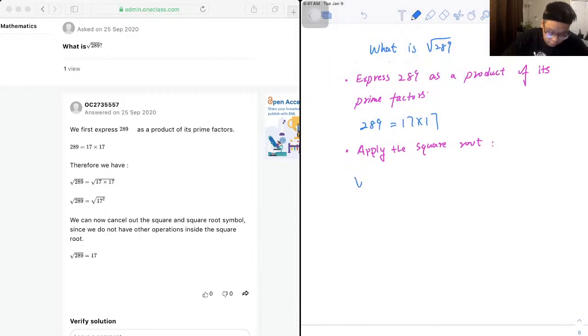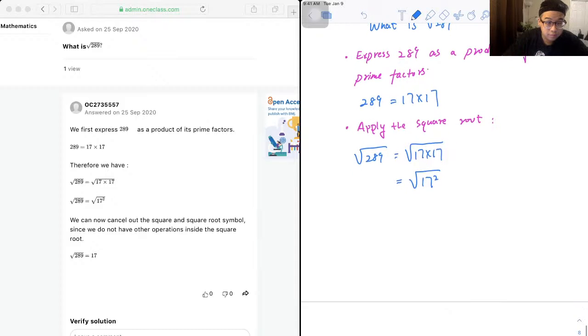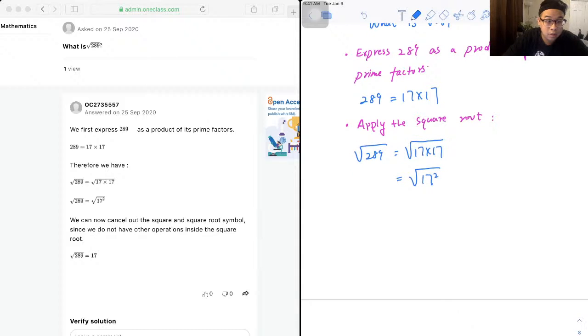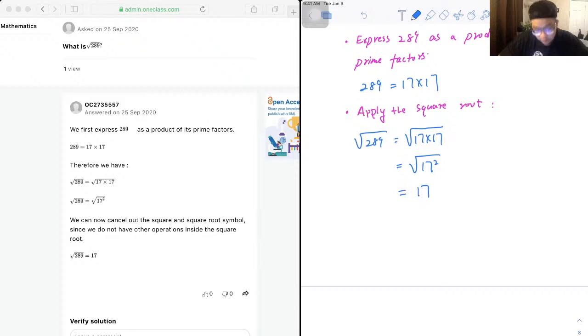So we'll have root 289 is equal to root 17 times 17, which is equal to root 17 squared. And we can now cancel out the square and the square root symbol since we do not have other operations inside the square root. So this is just going to be equal to 17 itself.